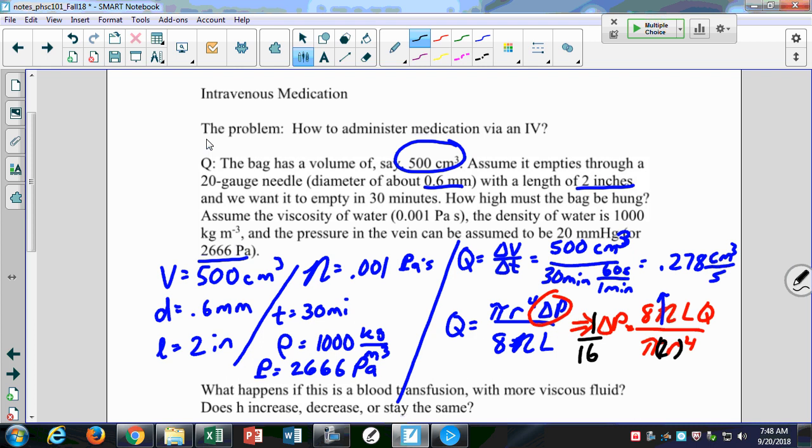If I have fluid flowing through a pipe that's really thin, like water, and then I replace it with, say, maple syrup, is that maple syrup going to flow faster or slower? It's going to flow slower, right? So if I increase this in the denominator, that means this goes down. This is an inverse relationship. If this goes up, this goes down.